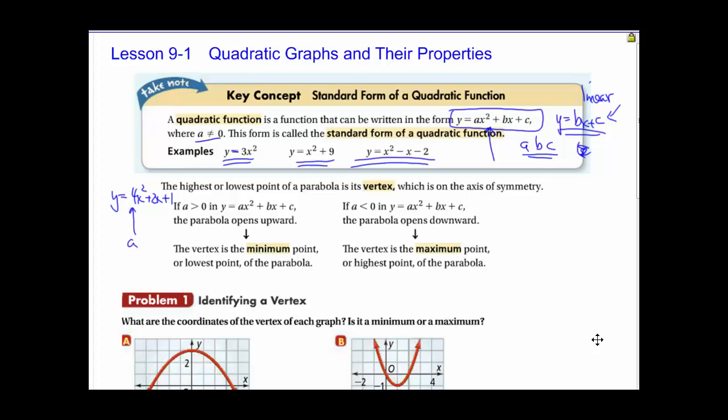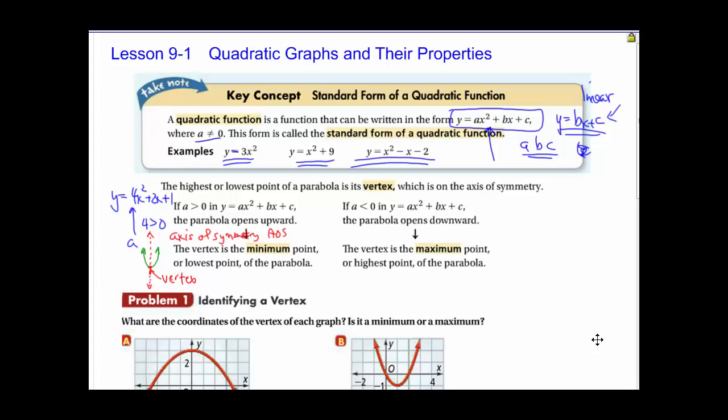If 4 is greater than 0, then we have a parabola that moves upward or opens up. This point right here at the bottom of the parabola, this is our vertex. And it lies on this line that splits this parabola into two, and that is called our axis of symmetry. We can also abbreviate the axis of symmetry as our AOS.